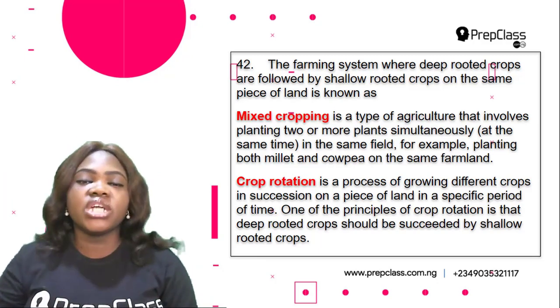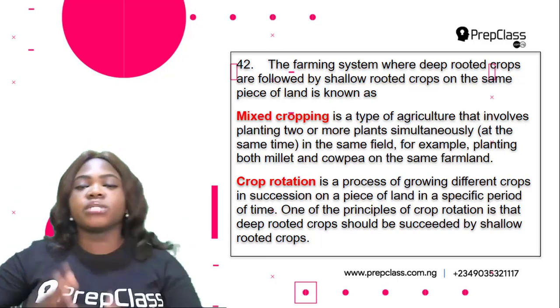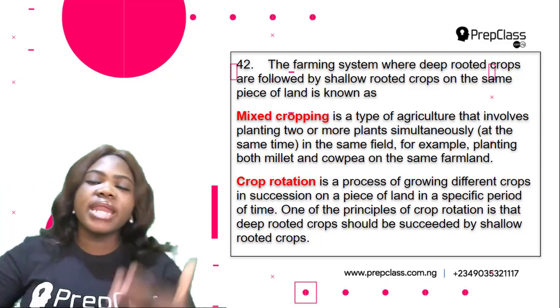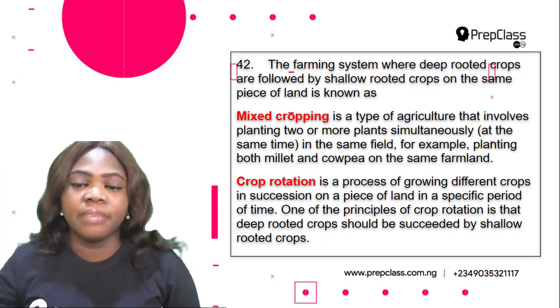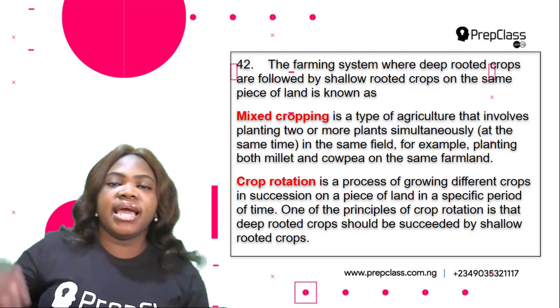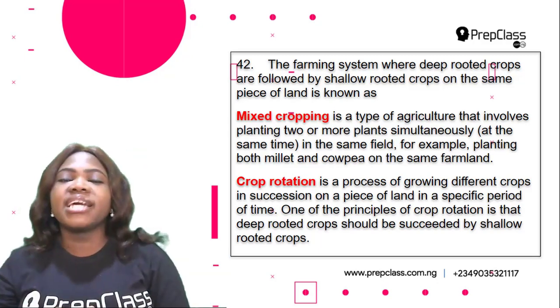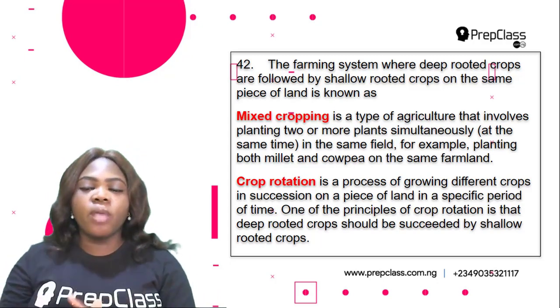So crop rotation is the second option. This is a process of growing different crops in succession, that is one after the other, on a piece of land in a specific period of time. An example is growing cotton this year, the next year growing groundnut. There are many principles of crop rotation.